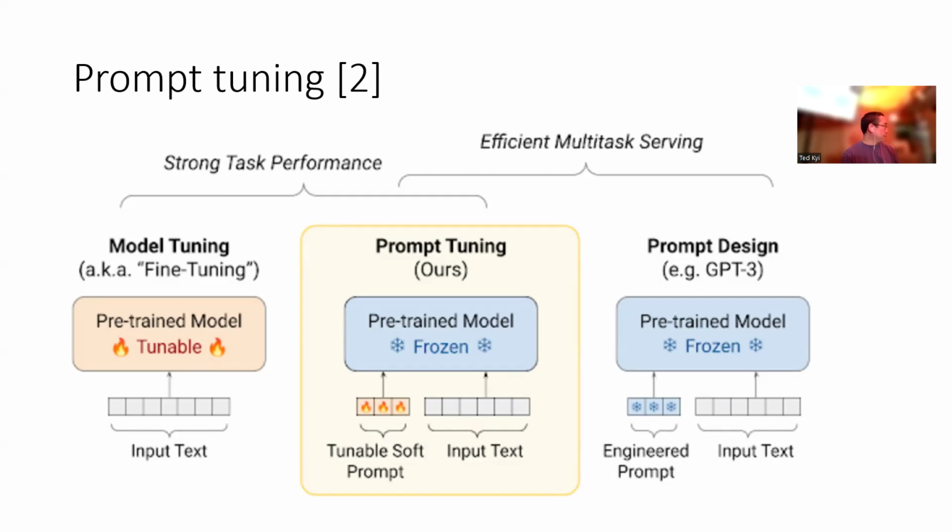It's just better than prompt engineering, because in prompt engineering you're limited to discrete tokens, and with dense vectors you can do a whole lot more. But if a model was never exposed to that kind of input, you would probably still struggle to get it out of prompt tuning.